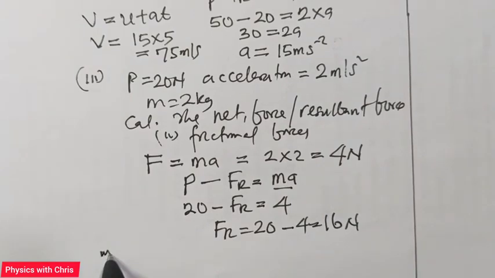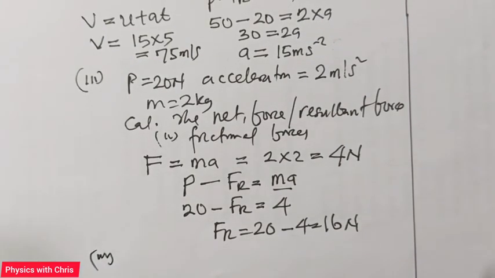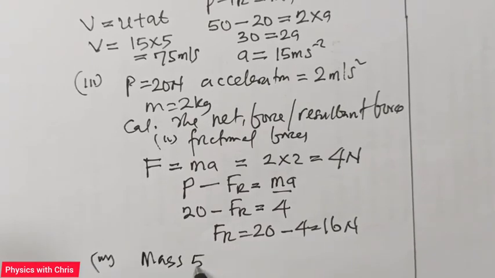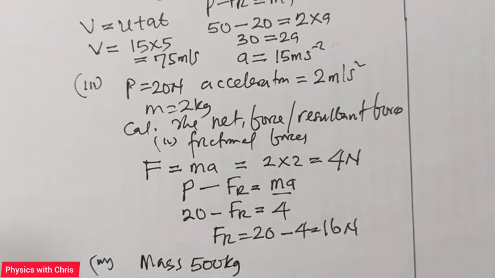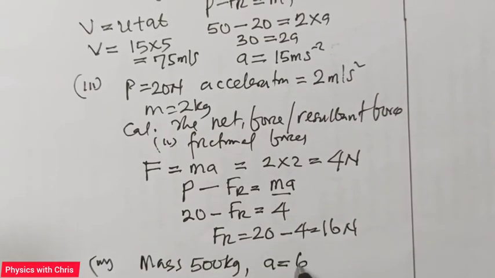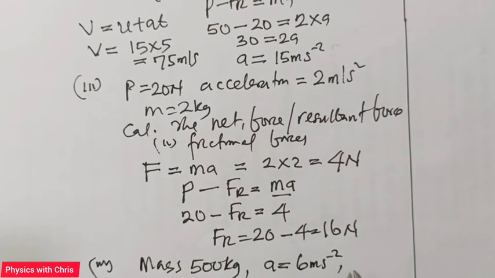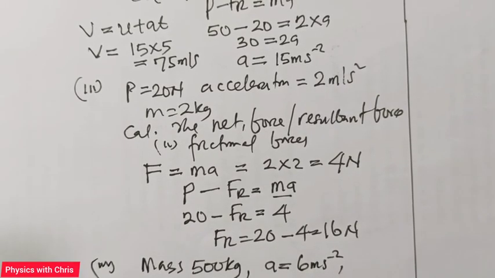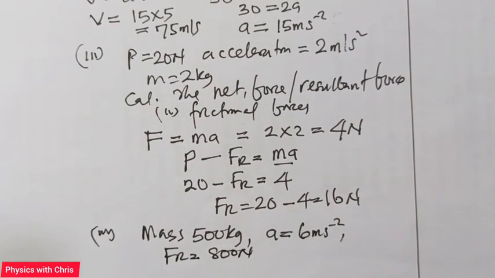How about the case where you are told that a car of mass 500 kilogram is given an acceleration of 6 meters per second squared, and a frictional force of 800 Newton acts on the body? The question is to calculate the driving force, the force that is produced by the engine of the car.